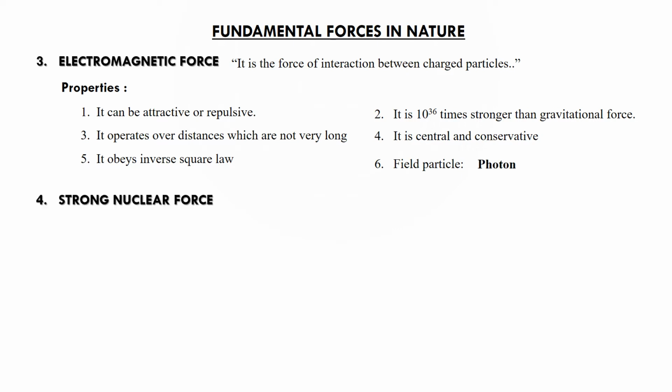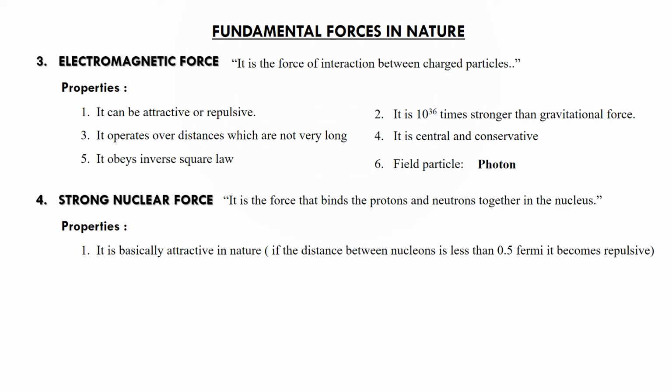The fourth force is called the strong nuclear force. It is the force that binds the protons and neutrons together in the nucleus. Because of this force, the protons and neutrons stick together inside the nucleus. The properties: it is basically attractive, but if the distance between the nucleons, that is protons and neutrons, is less than 0.5 Fermi, it becomes repulsive.